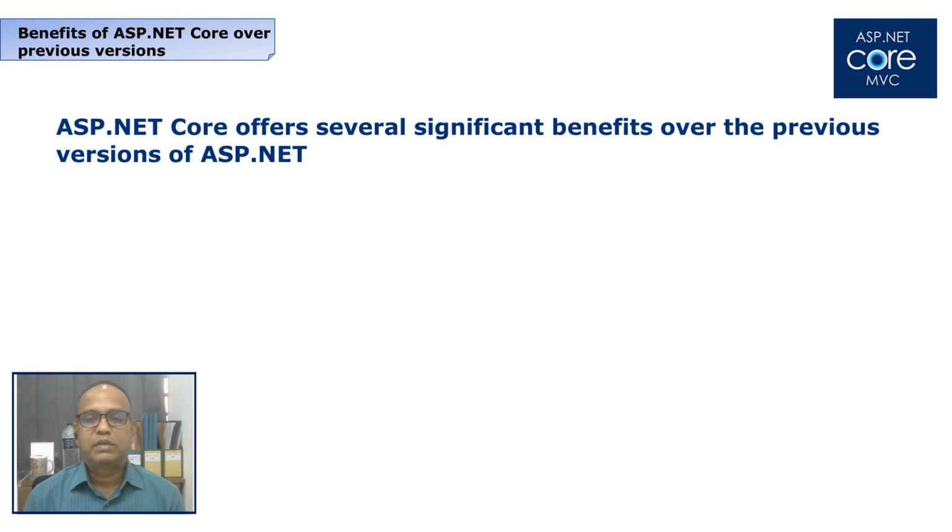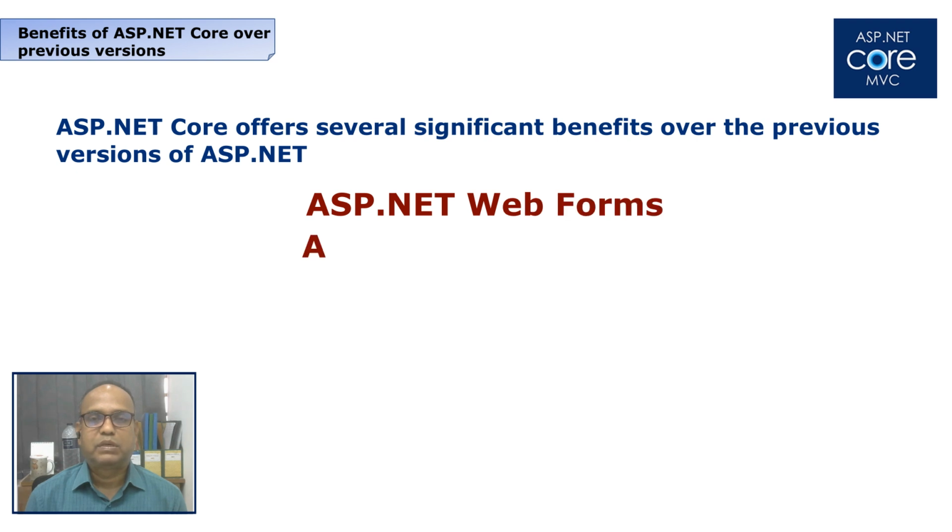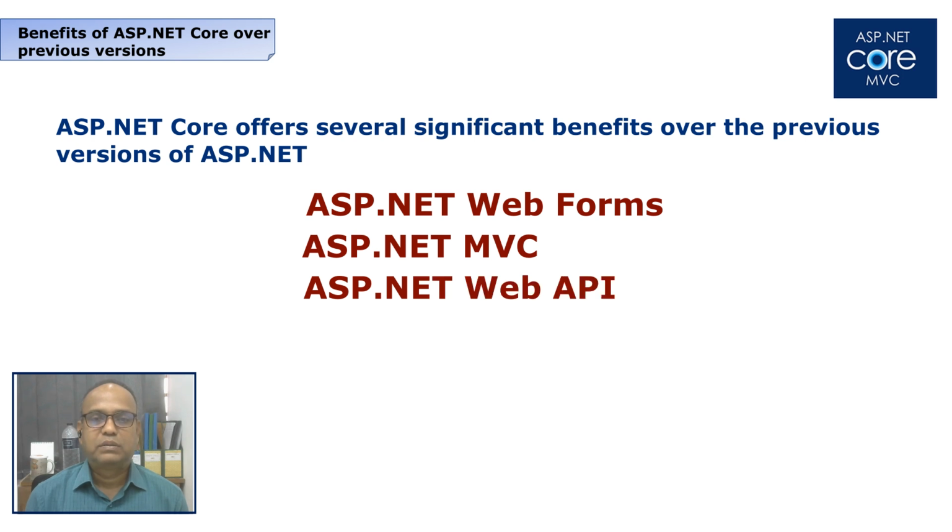Benefits of ASP.NET Core over previous versions. ASP.NET Core offers several significant benefits over the previous versions of ASP.NET, such as ASP.NET Web Forms, ASP.NET MVC, and ASP.NET Web API. Overall, ASP.NET Core represents a significant advancement over previous versions of ASP.NET.